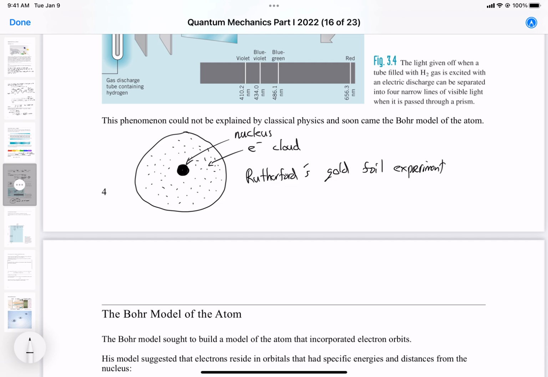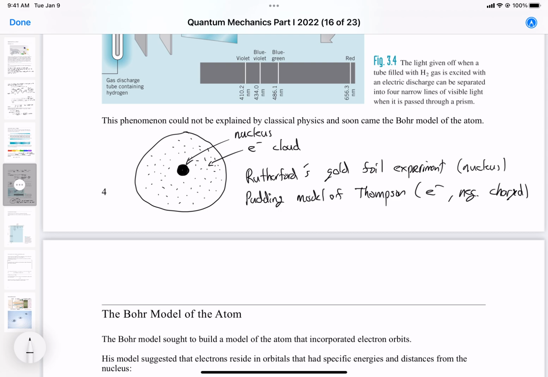And that's what established the nucleus. And then there was the plum pudding model of Thomson, which established that electrons were negatively charged.